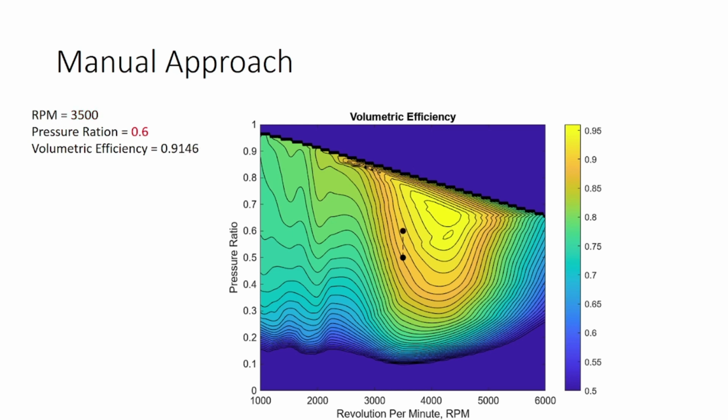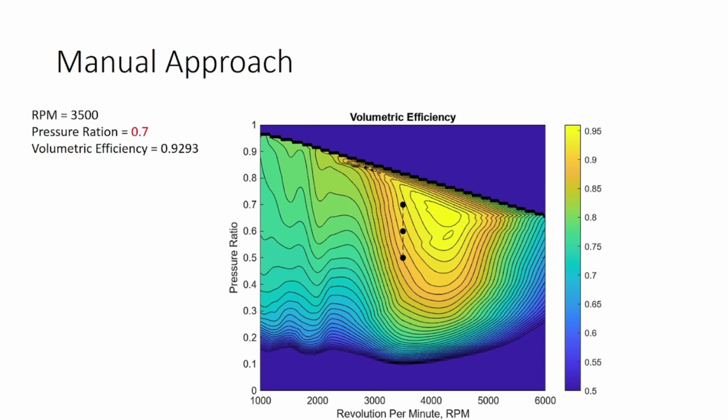We change our pressure ratio from 0.5 to 0.6. For this case, we got the volumetric efficiency as 0.9146. We can see our volumetric efficiency is increasing in this direction. We will move one more step in the same direction and try to find the values at that point.